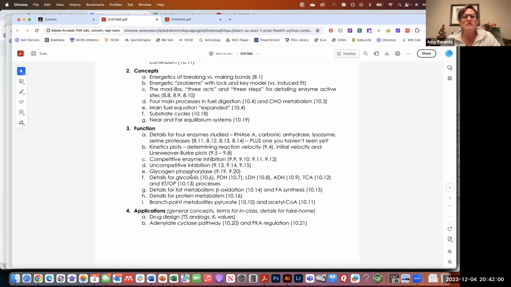Your homework is going to do a good job of highlighting the relevant details that you need to know for these four steps: glycolysis, pyruvate dehydrogenase, citric acid cycle, electron transport, oxidative phosphorylation. We also talked about lactate dehydrogenase and alcohol dehydrogenase as fermentative pathways.